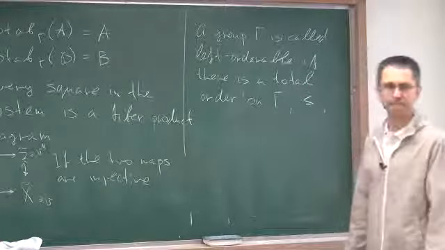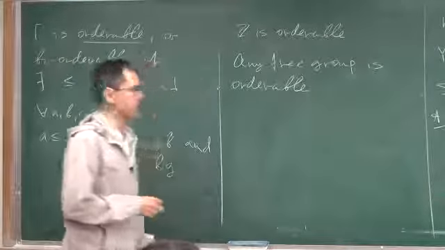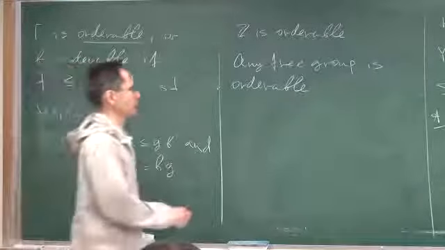I looked in the literature for a reference, and the earliest reference I could find was a Russian paper in 1947 by Shimbireva. So she uses some results by Magnus to deduce that free groups are left orderable. So it's quite an old classical result.